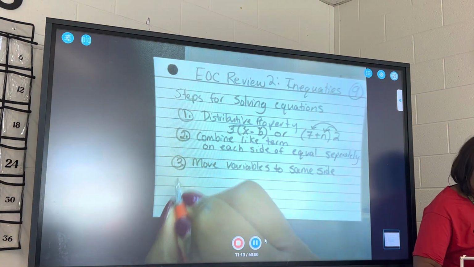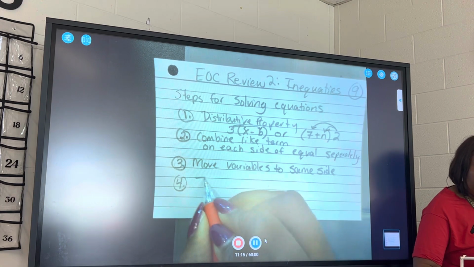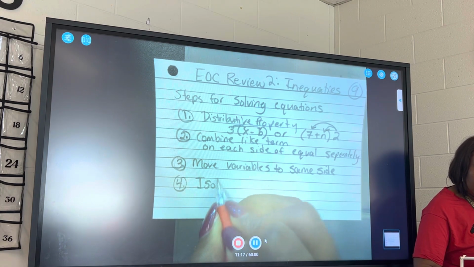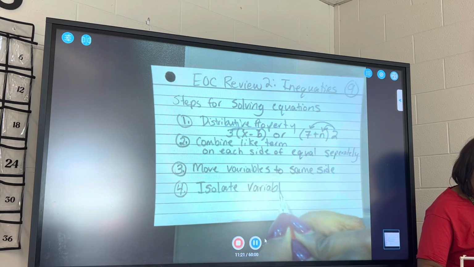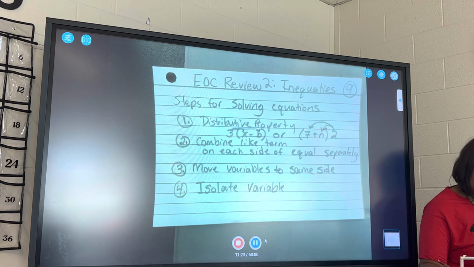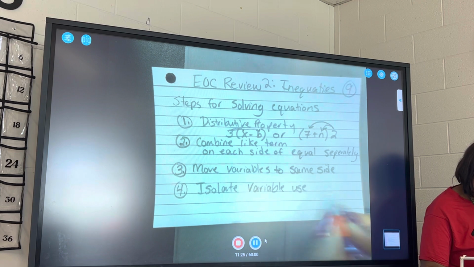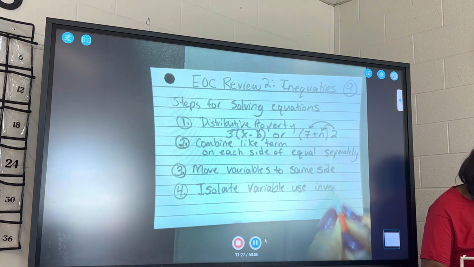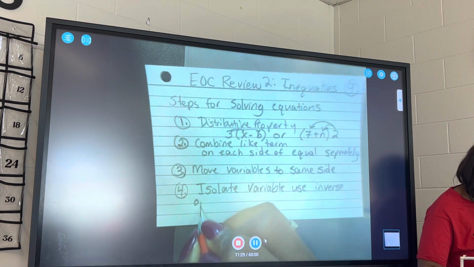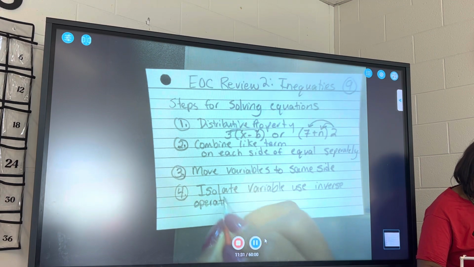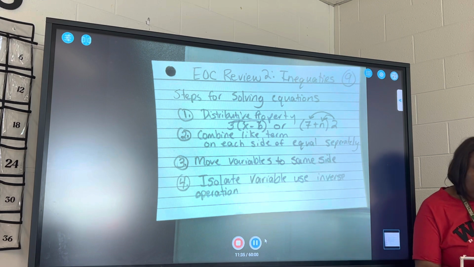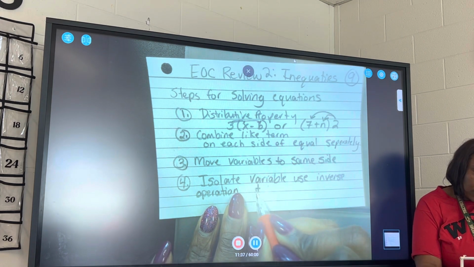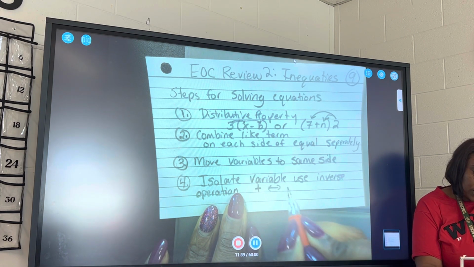And the final step, number 4, is to isolate the variable. How do you isolate the variable? Use inverse operations. The one that we forget most often is the opposite of squaring a number. Well, let's do addition. The opposite of addition is subtraction.